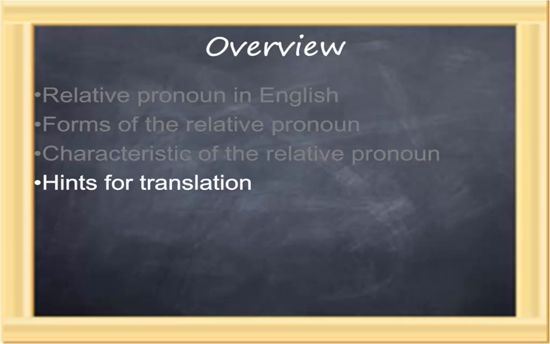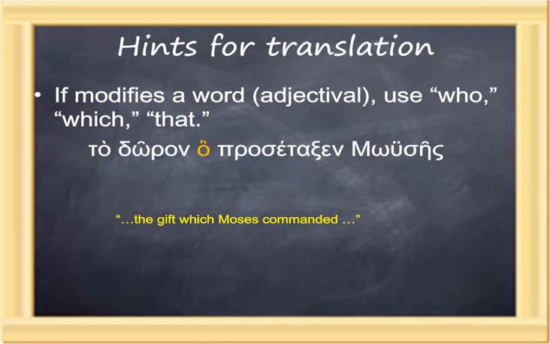Now for some hints that will help you in your initial attempts to translate relative clauses. Number one, if the relative pronoun modifies a word, that is, it's functioning adjectively, telling you something about its antecedent, use who, which, or that in your translation.